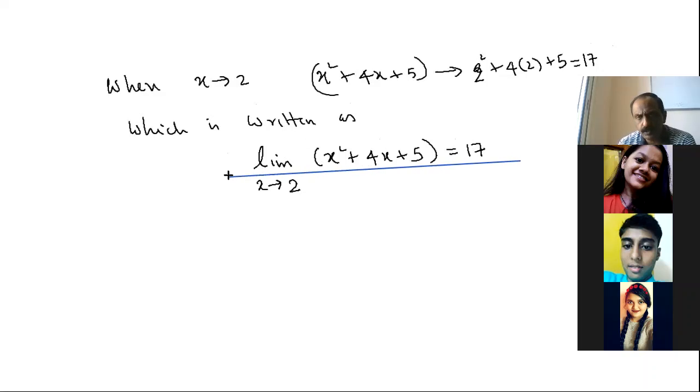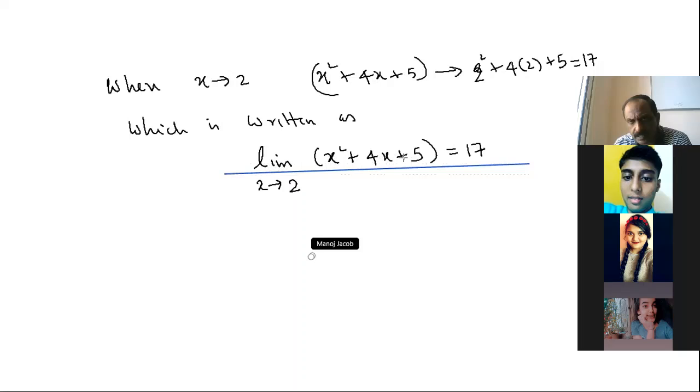It's not a division line I'm drawing. I'm teaching you how to write the statement. Did you understand how to write it? LIM and this function will come in the same line, equal to in the same line. Only the limit will come below the line. Fine.